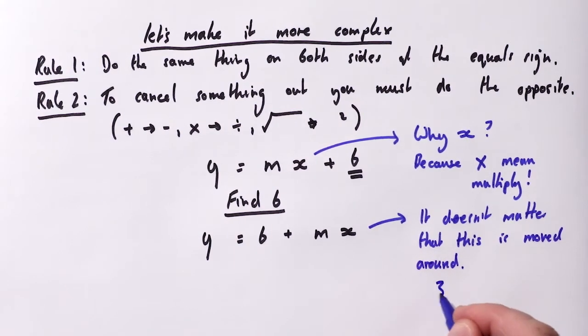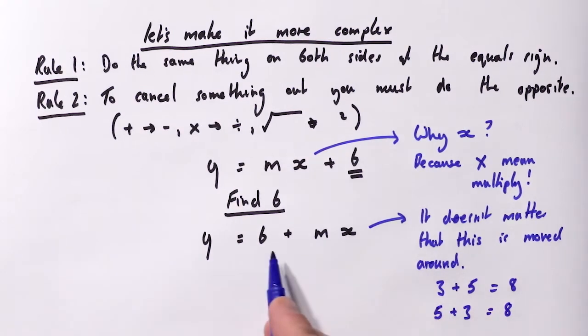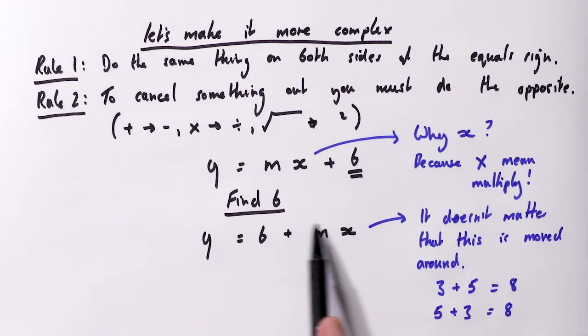Because we know, for instance, 3 plus 5 equals 8. And 5 plus 3 equals 8. It doesn't matter if that's b plus mx or mx plus b. They are the same answer. So all I've done is I've changed the way that part of the equation is arranged to make it easier for me to manipulate the equation.